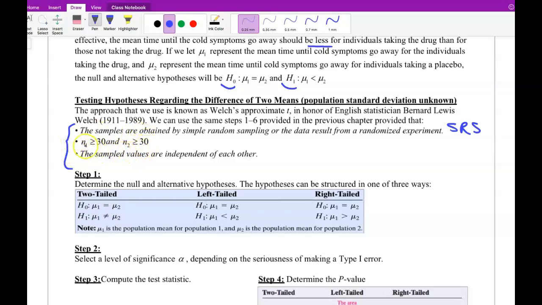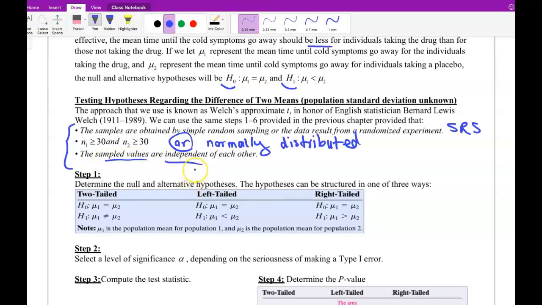Remember, for population proportion we used n times p times q greater than or equal to 10. For the mean, we use this part: greater than or equal to 30, or our population should be normally distributed. And the third one is that our sample values are independent.